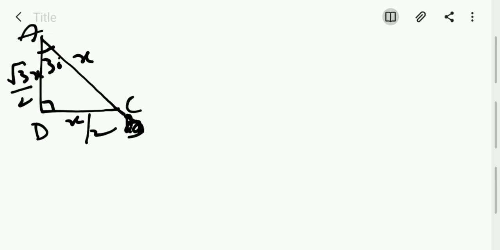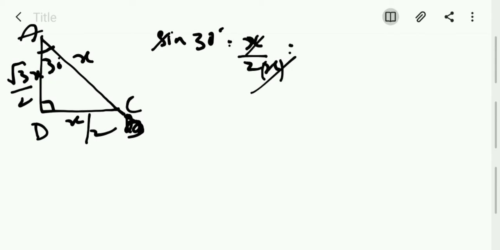Now 30 degree. Now please find out all the trigonometric ratios. Sine 30, opposite by hypotenuse. So X by 2 into X cancels out. You will remain with 1 by 2, and cos 30 is adjacent by hypotenuse.